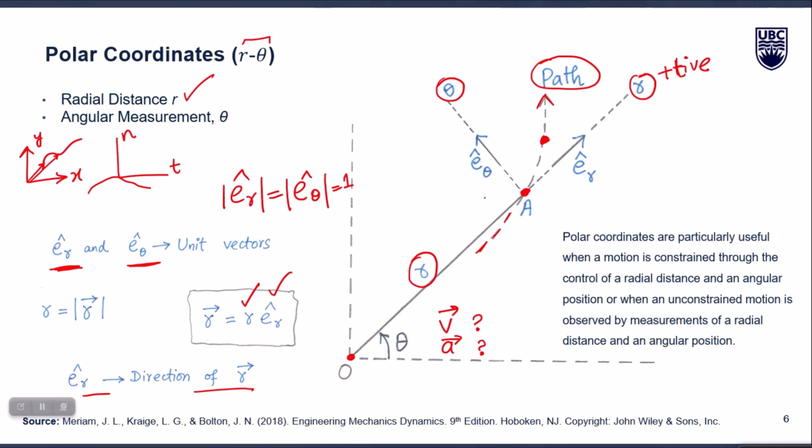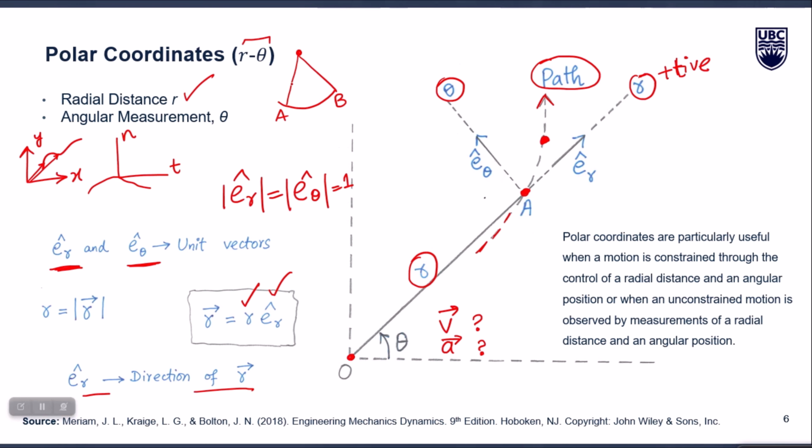For example, if I give you a path which looks like this, from point A to B, the path is such that the radial distance remains constant throughout A to B, right?